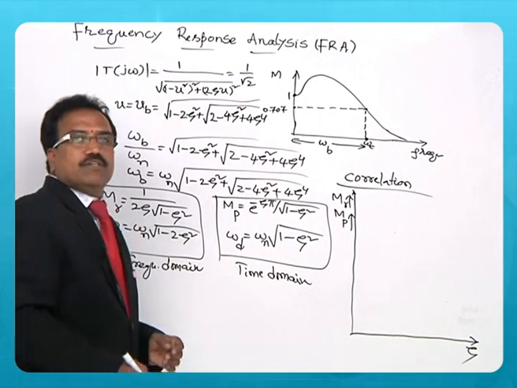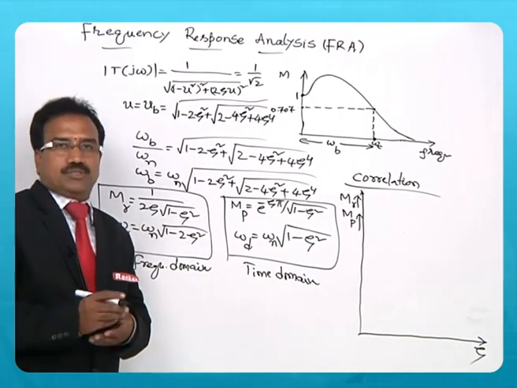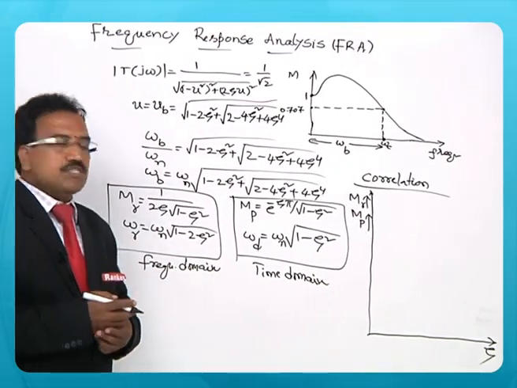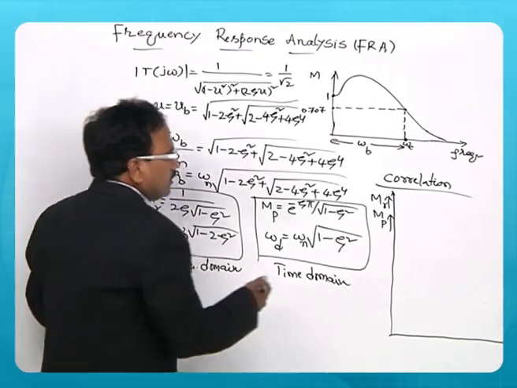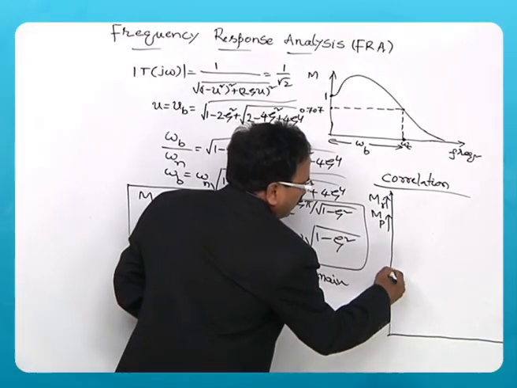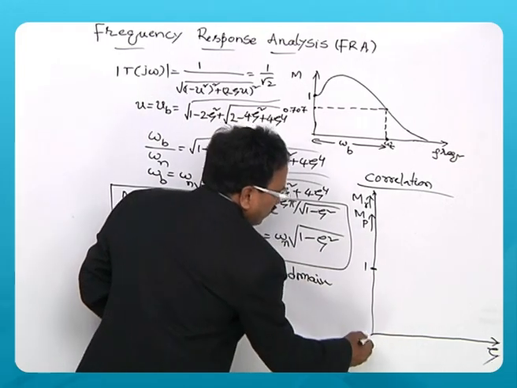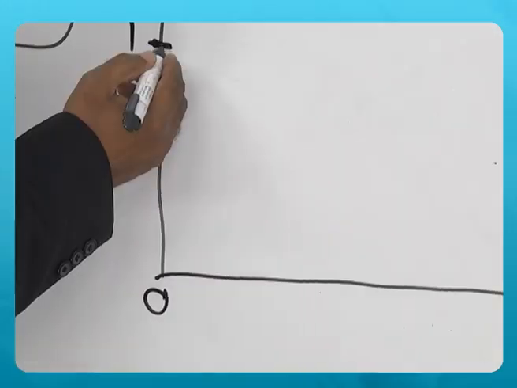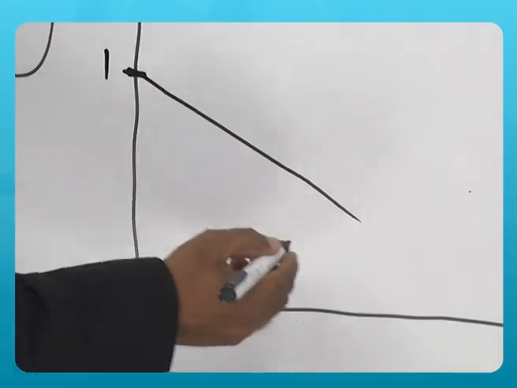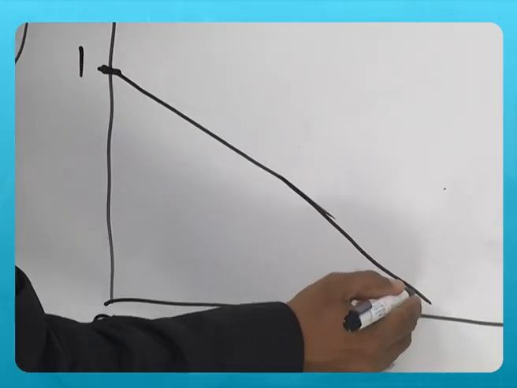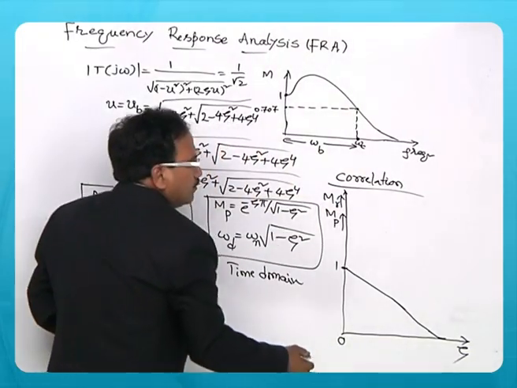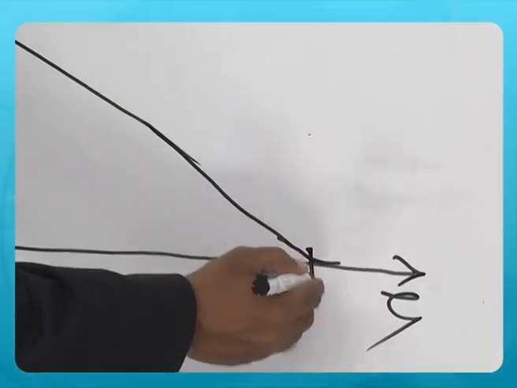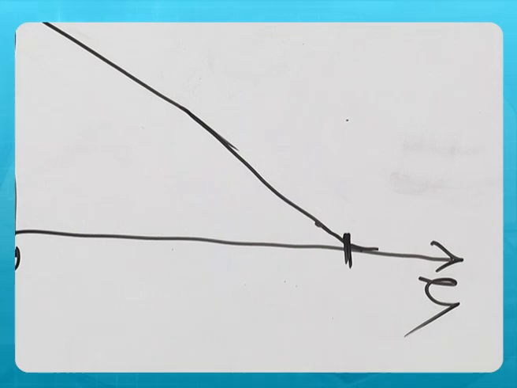If I want to see the variation in their magnitudes with respect to zeta, the MP, the peak overshoot, starts from 1 when zeta is 0, and it decreases, and at 0.707 the value becomes 0.